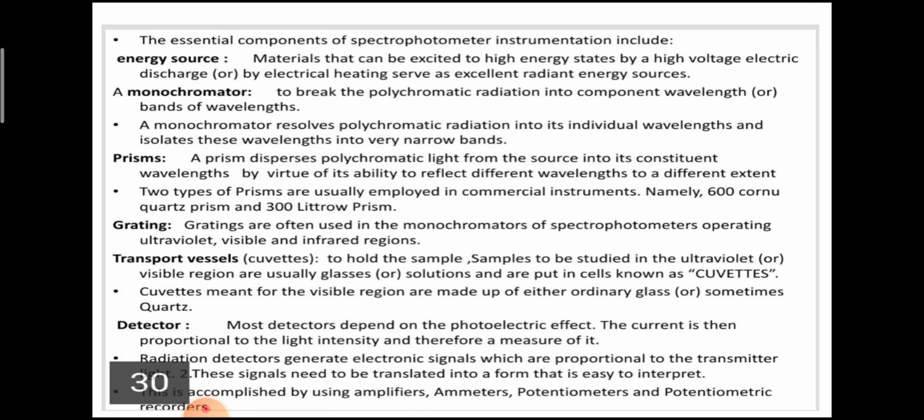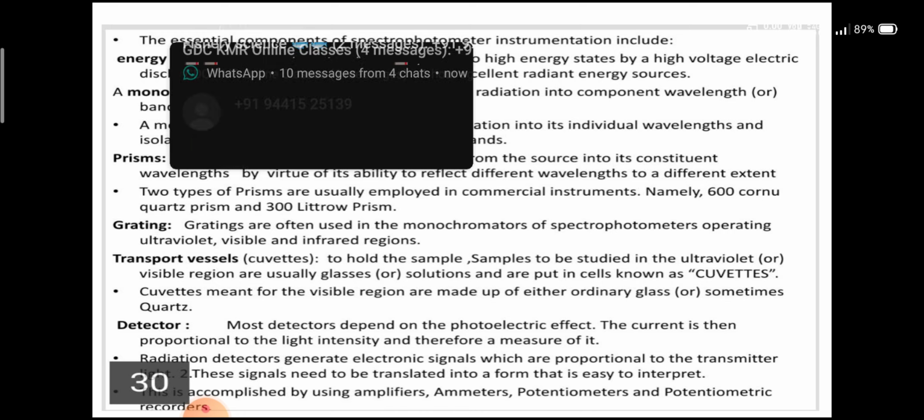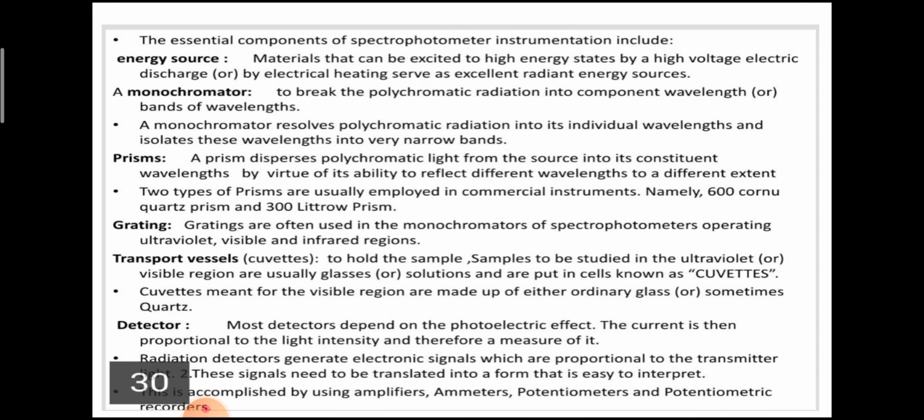So these materials are used in the instrument: energy source, monochromators. Monochromators break the polychromatic radiation into component wavelength or bands of wavelengths. Prisms or gratings are used as monochromators.